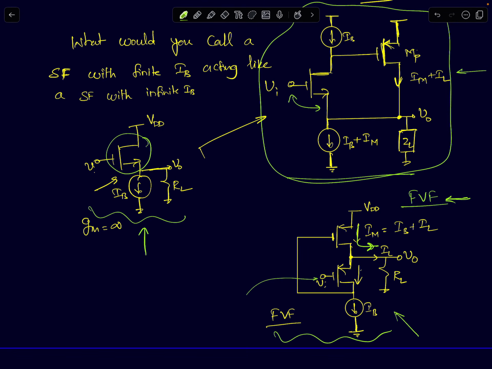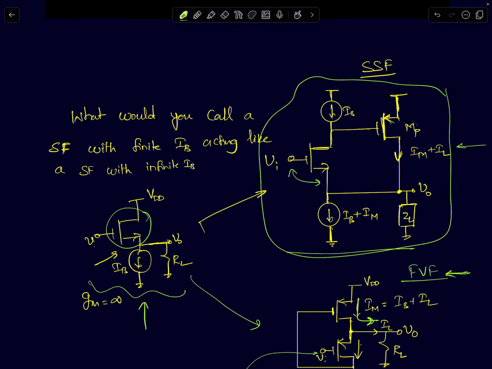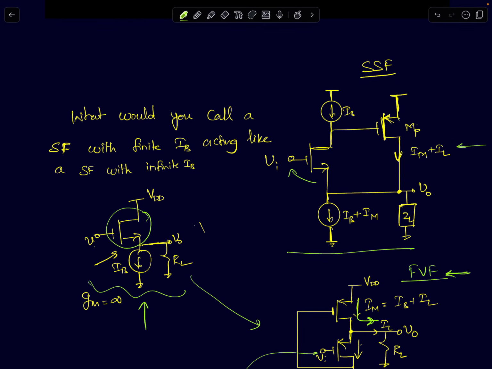So then it's a flipped voltage follower. I'm not sure of the exact nomenclature, but if I were to name it, I would name it this way: it behaves very similarly to this, but with the device flipped. So it becomes a flipped voltage follower. The other one is exactly the same as an NMOS source follower, because your output DC is lower than the input DC. But I have a very high short circuit gm, or I can say the characteristics are linear.